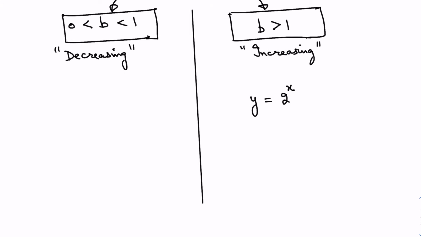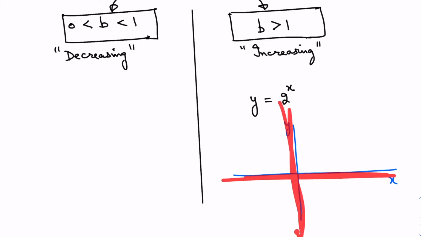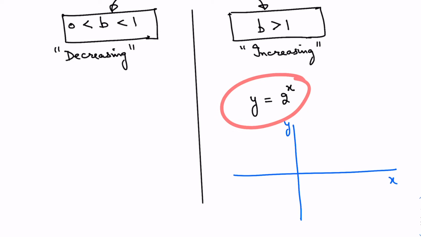If we try to plot it on a graph, let's do that. This will be the input axis, this will be the output axis. If I just collect some points from this equation, we see that if I place x as 0, y is going to be 1.